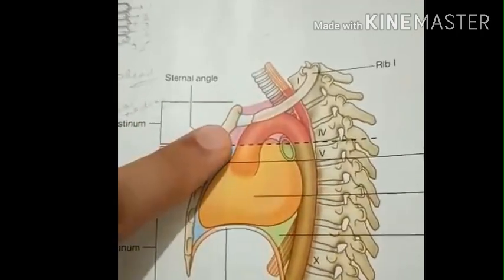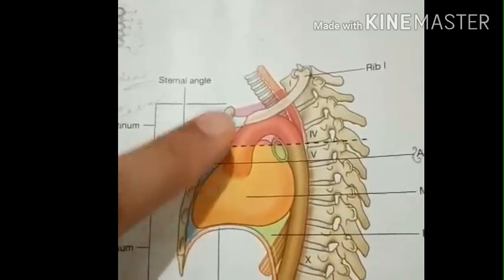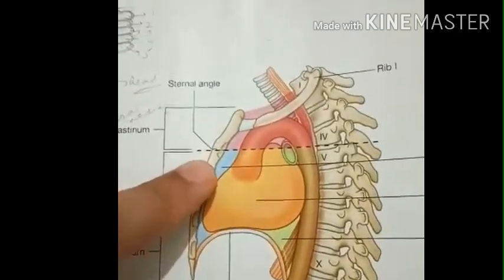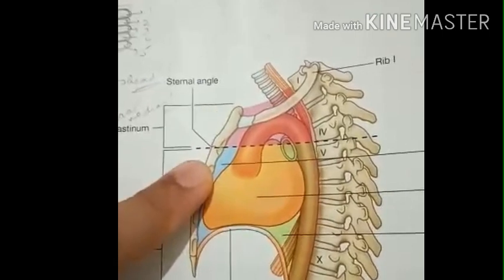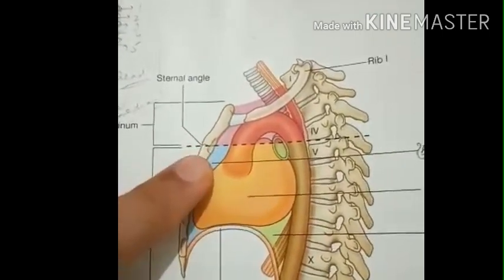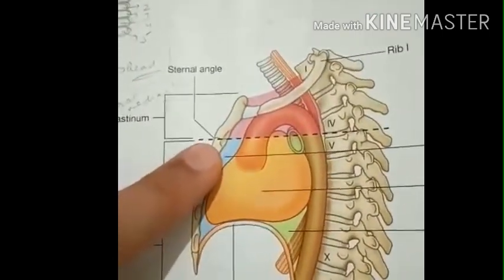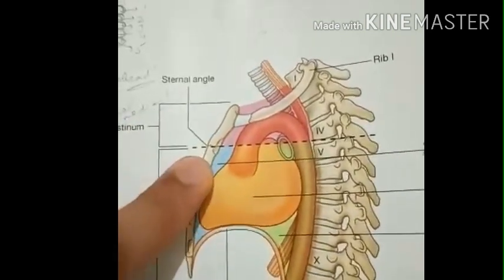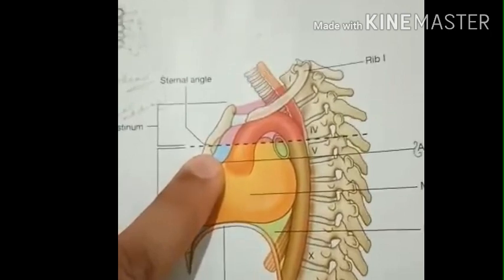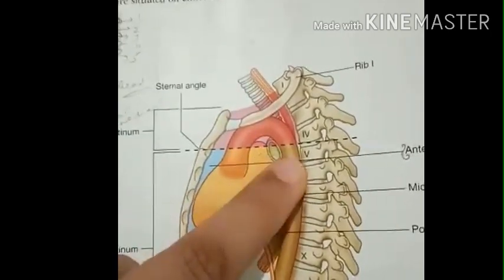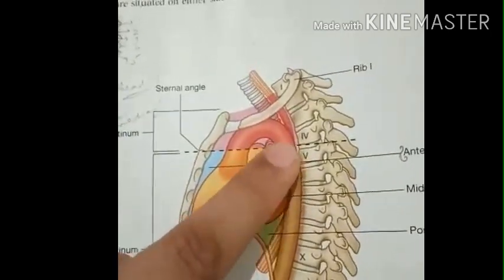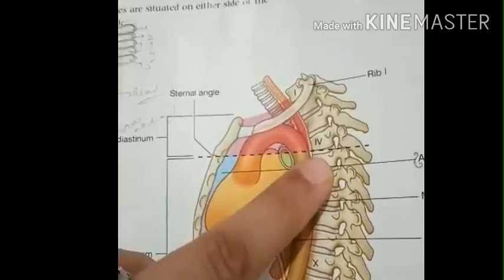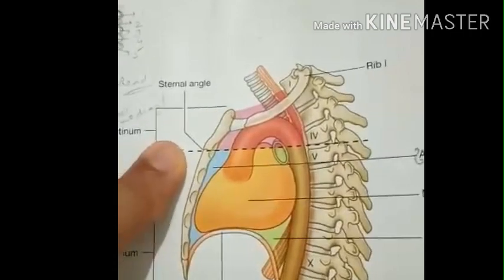Because of the collarbone, we can't feel the presence of the first rib. So when we need to find the position of the second rib, we need to find the location of this sternal angle. There is a plane passing through this sternal angle, seen in this dotted line, and it passes through the fourth and fifth intervertebral space.